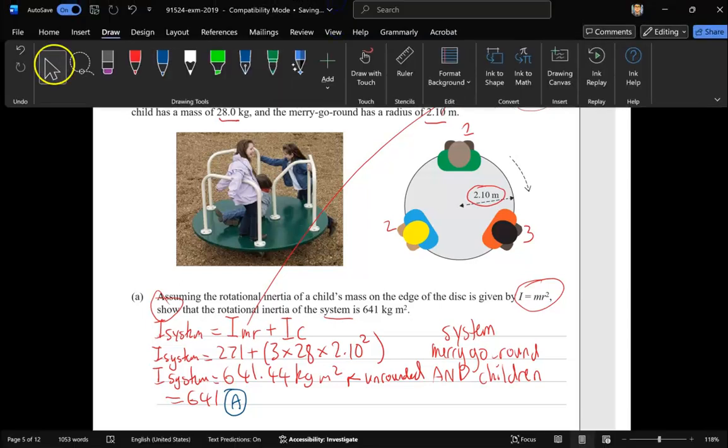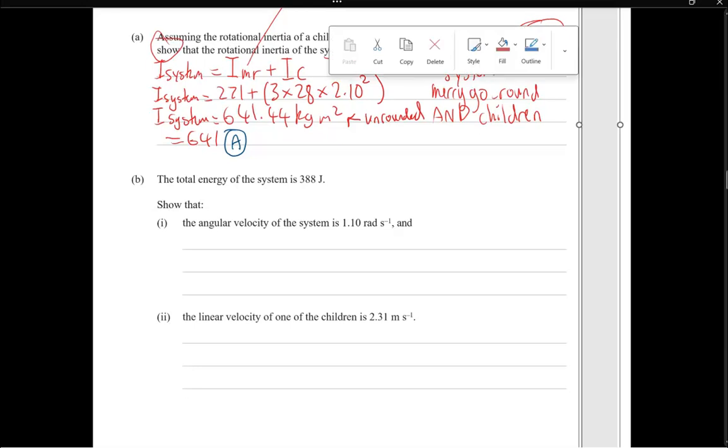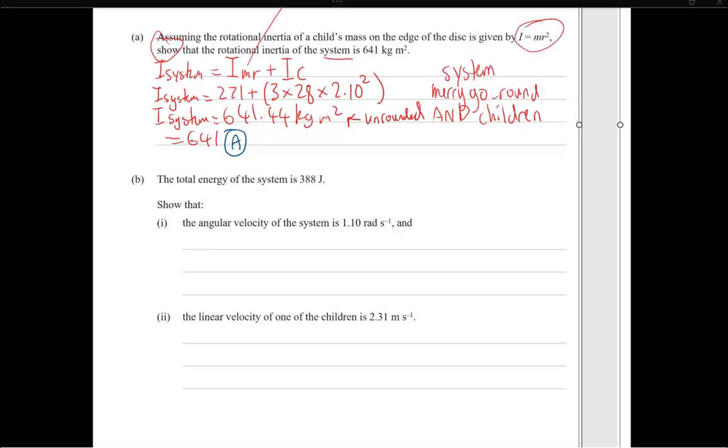Okay, next question. The total energy of the system is 388 joules. Show that the angular velocity of the system is 1.1 radians and the linear velocity of one of the children is 2.31. So again, we've got a couple of show questions.